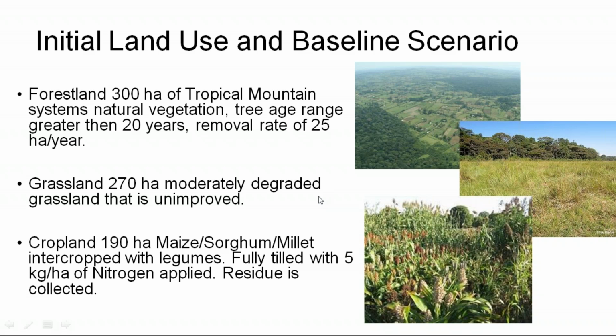It's just being cleared for grazing. We have our 190 hectares of cropland, which is our smallholder farmers, those points across the landscape. These are being, again, fully tilled, and we're adding 5 kilograms per hectare of nitrogen, and the residue is being collected. So the same as you did for exercise 1.